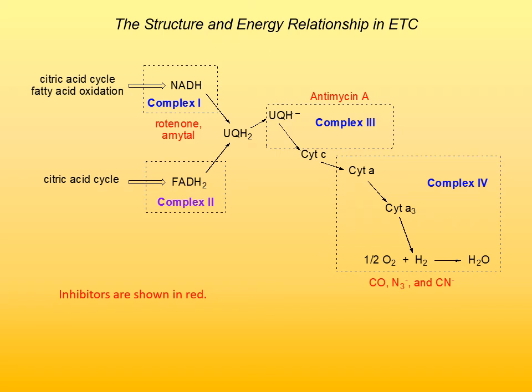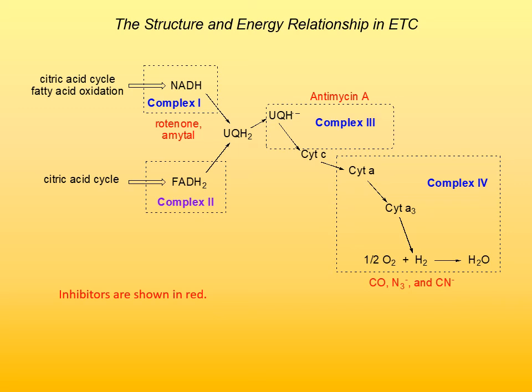And according to the solid-state model, complexes 1, 3, and 4 form a supercomplex that is called respirosome. Respirasomes are found in animals, plants, and fungi, and is the most active and most stable form of the electron transport chain.